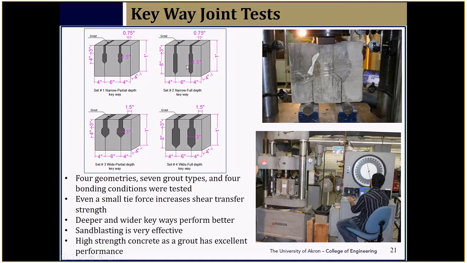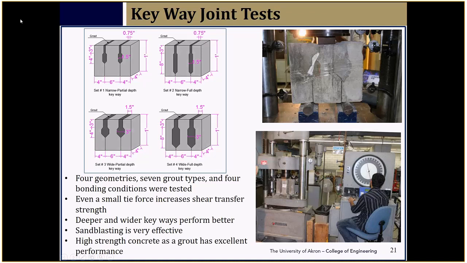And we also looked at the width of the joint. What you'll see here is our ODOT specified keyway joint geometry. For deeper beams, we have a 6-inch keyway depth, but in this case, it's 4-inch.